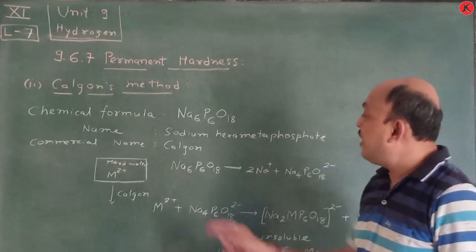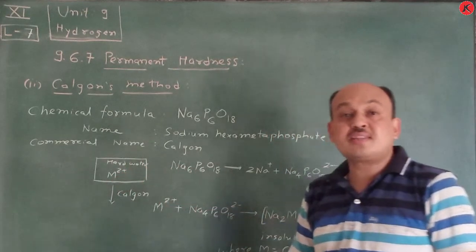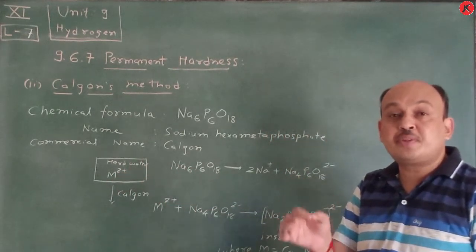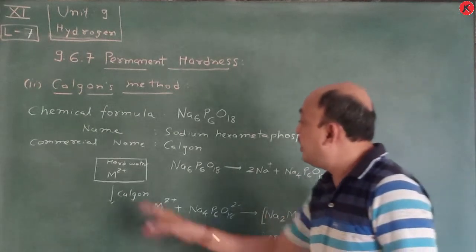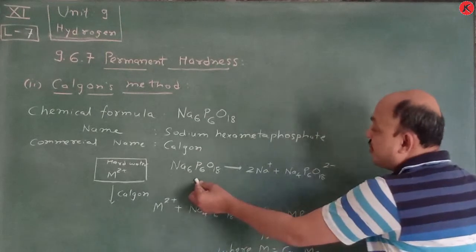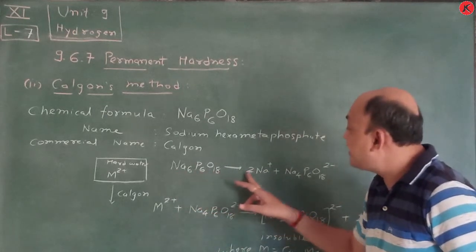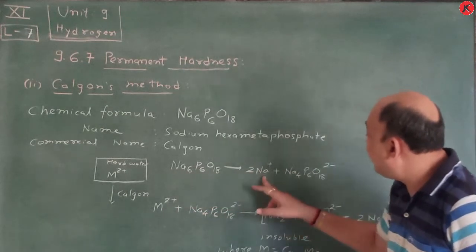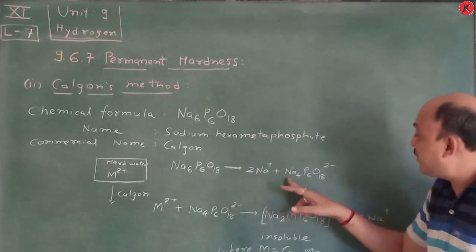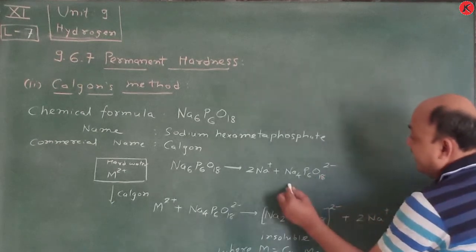Now you see, hard water contains M plus 2 ions, and this M plus 2 ion is nothing but Ca plus 2 or Mg plus 2 containing salts. So if it is treated with Calgon, immediately Calgon is first ionized, Na6P6O18 is converted into 2Na plus, that means twice Na plus, and the Na4P6O18 2 minus anion.